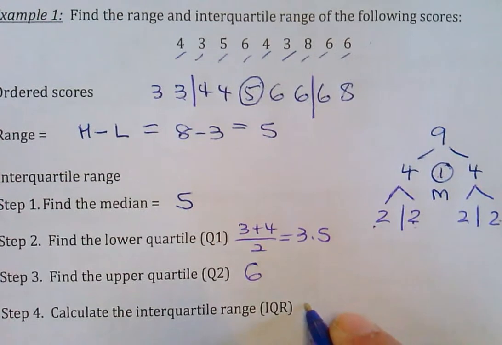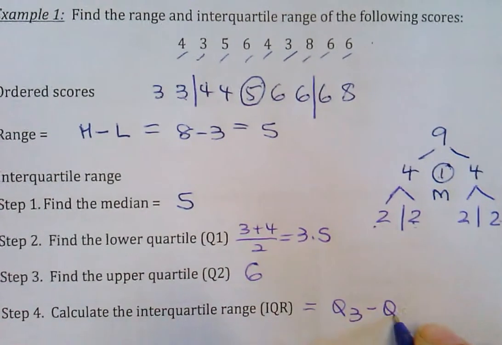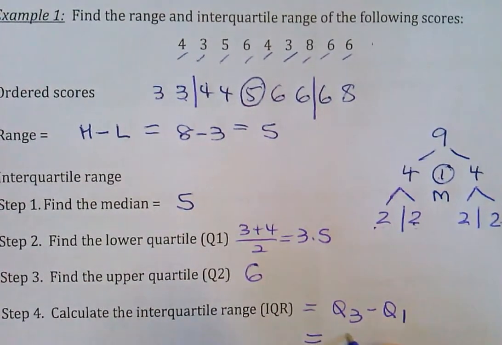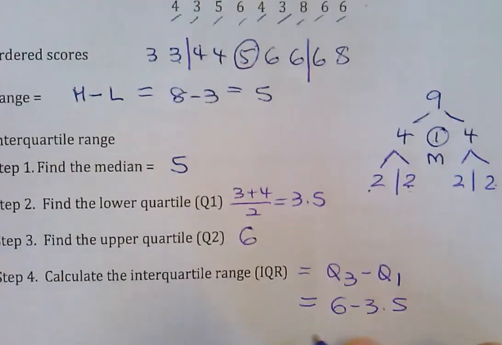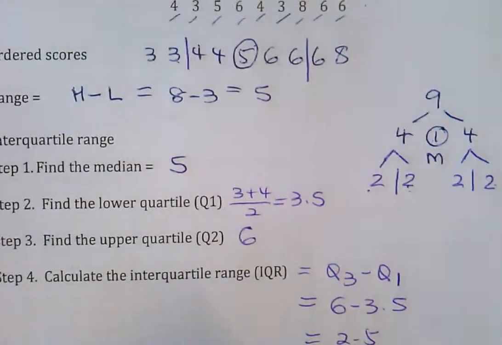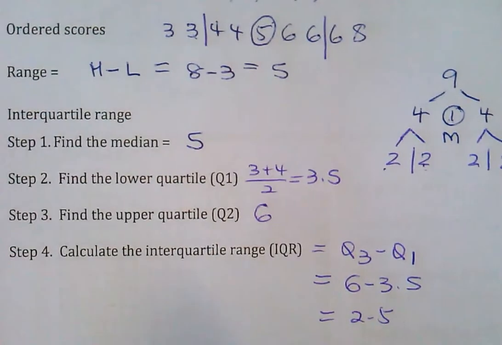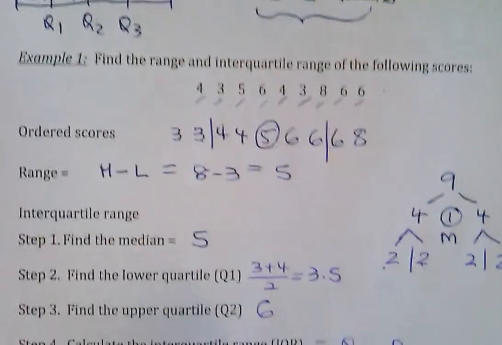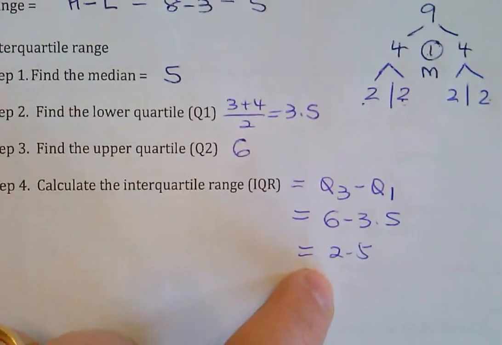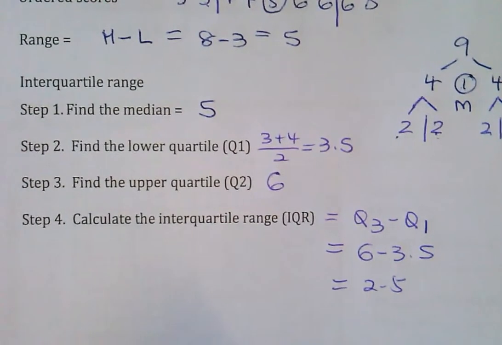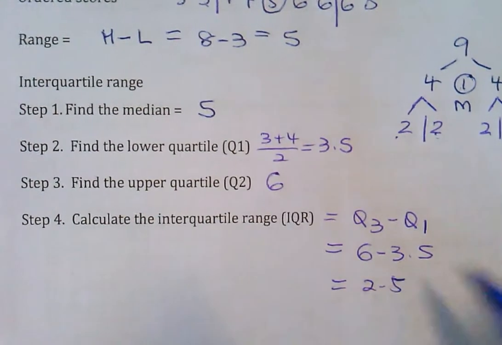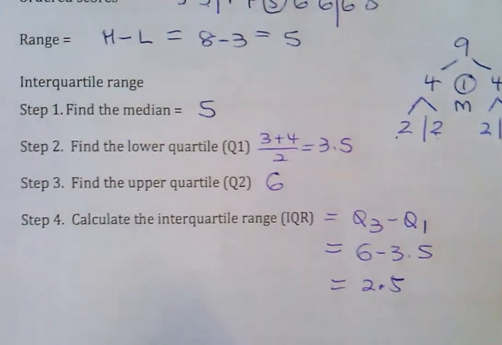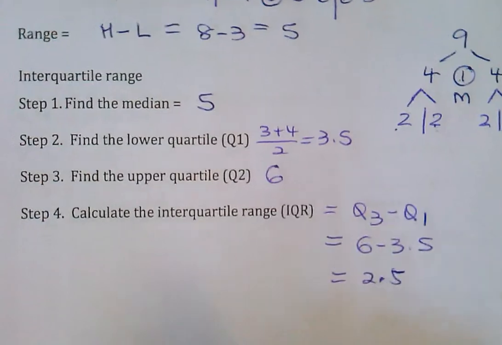So therefore the interquartile range is Q3 minus Q1, which is 6 minus 3.5, which is 2.5. In other words, see the range. So the range was 5, but the interquartile range, the middle 50% of scores, their range of the middle 50% of scores is 2.5. That's the interquartile range.